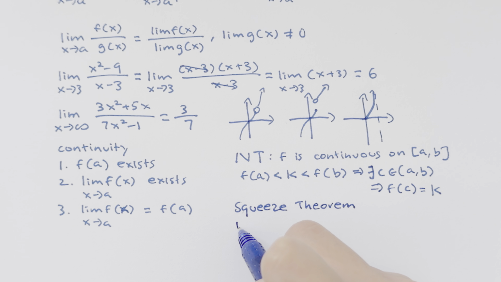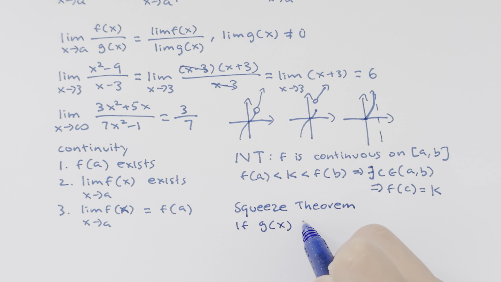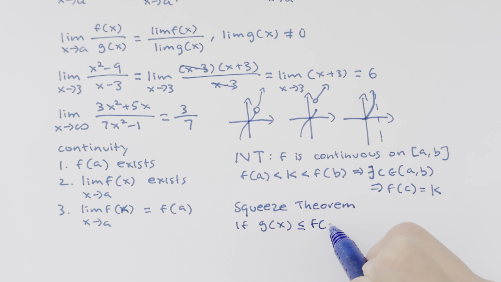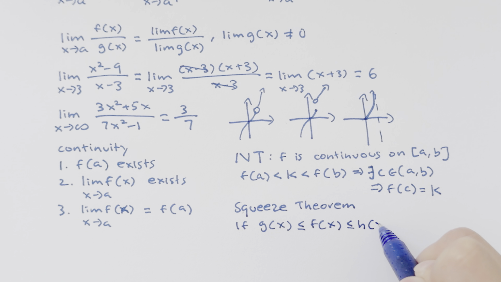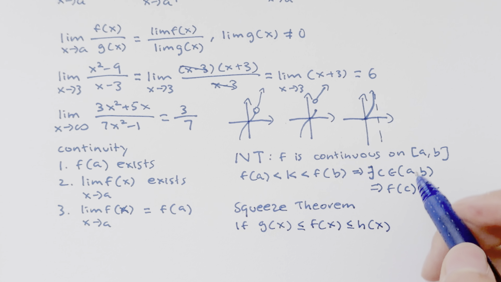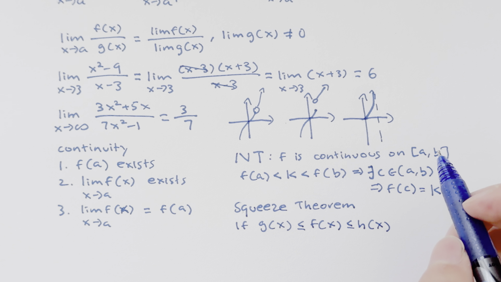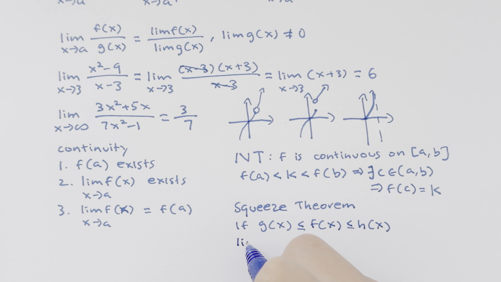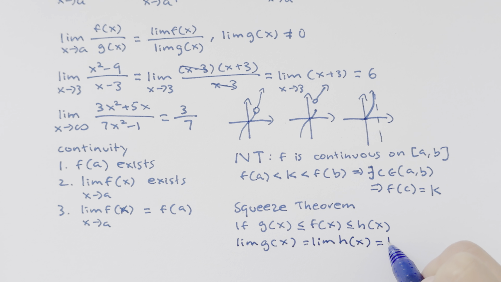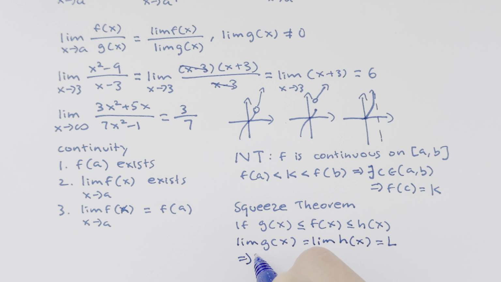If you have three functions, if g of x is less than or equal to f of x, which is less than or equal to h of x near a, and the limit of g of x is equal to the limit of h of x equal to some number L, then the limit of f of x must also equal L because it is squeezed between these two values that are the same value.